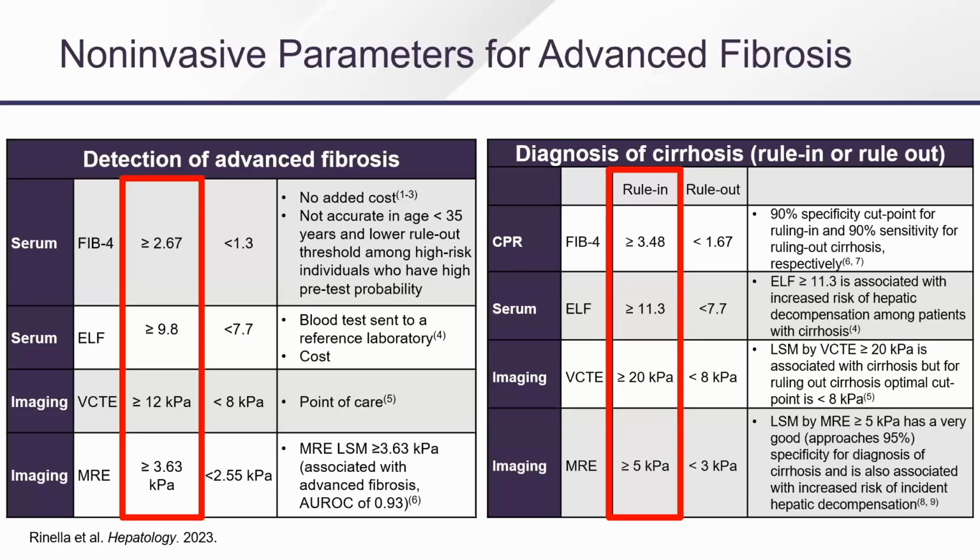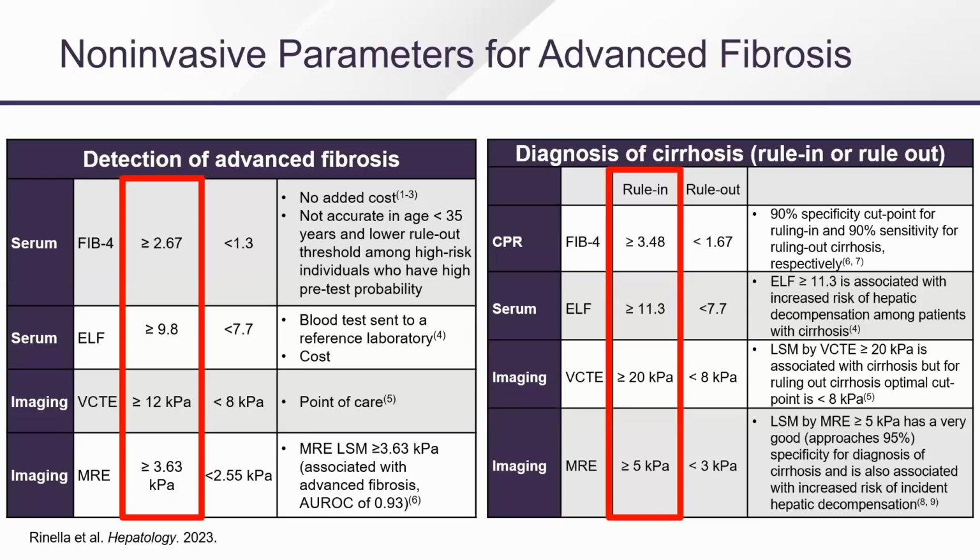The challenge here is that the non-invasive test for F2 is not very good. There are two major consortia, one in the United States and one in Europe, LITMUS and NIMBLE, trying to develop these NITs, and hopefully in time we'll have better tests that can tell us not only where a patient is with F4 or F3, but also F2, because F2 is where these risks will increase.